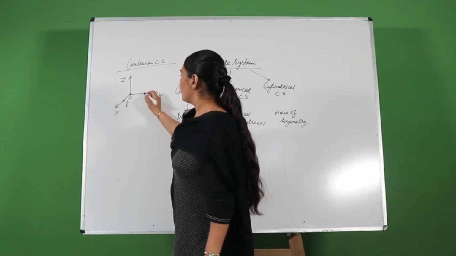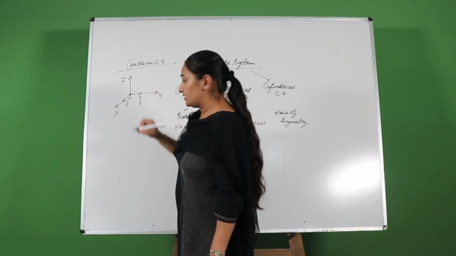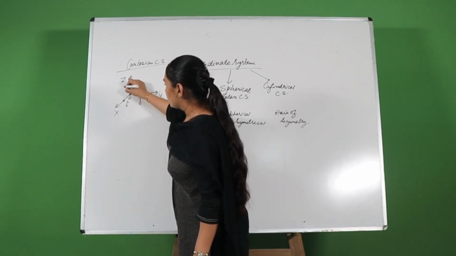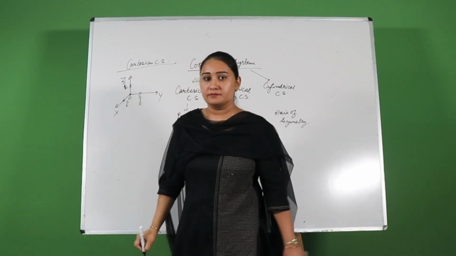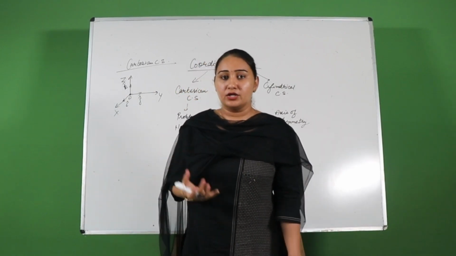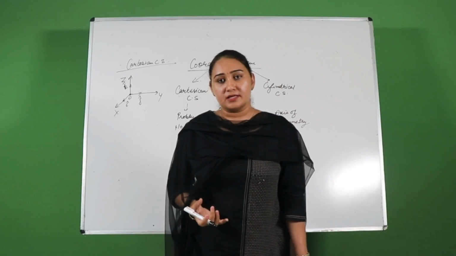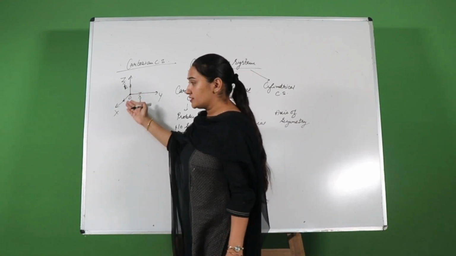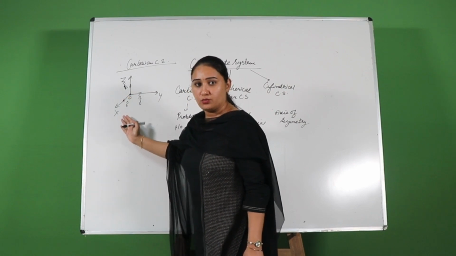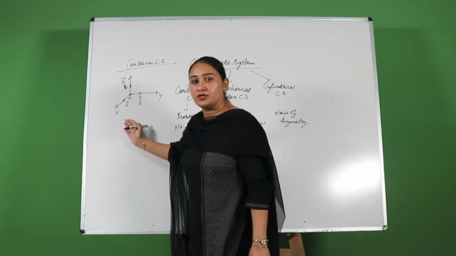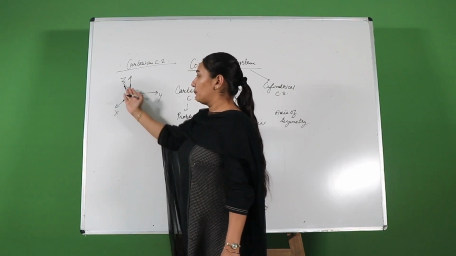Similarly, towards y the unit vector is j cap and towards z the unit vector is k cap. And the beauty of these unit vectors is the magnitude is constant and the direction is also constant. They are not moving, they are towards the x-axis. If i is towards the x-axis, then it has a constant direction and a unit magnitude.